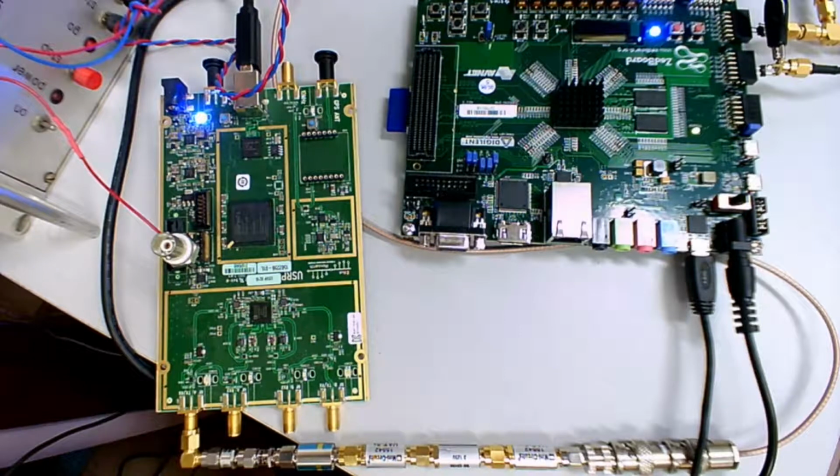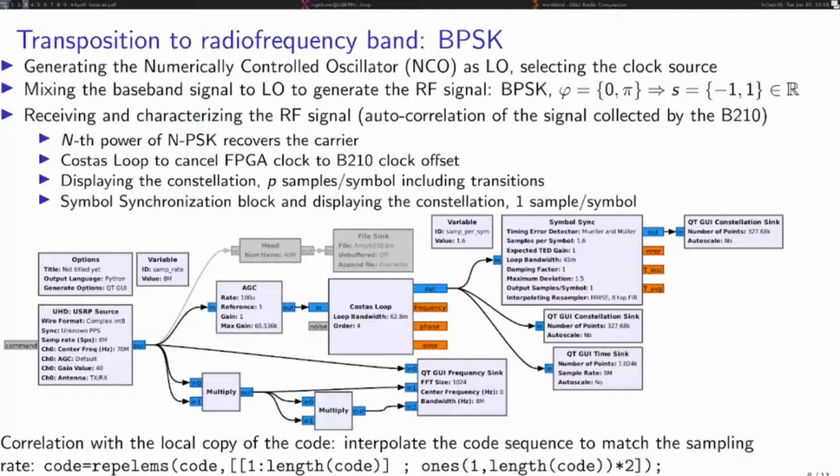And this frequency offset means that there will be some phase accumulation. If we have a frequency offset of delta f, we accumulate a phase offset of 2 pi delta f times t, and this phase drift will prevent easy identification of the phase state on the binary phase shift keying transmission. So our objective here is to try to find a way of identifying and cancelling this frequency offset, and then to identify the symbols. So let's see how we're going to do this with GNU Radio.